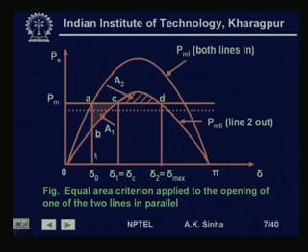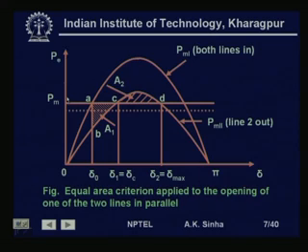This will be equal to pi minus delta 1. This is the delta 1, and this is pi minus delta 1. So, we can see what is the maximum angle that can be reached, that is delta 2 under this case.